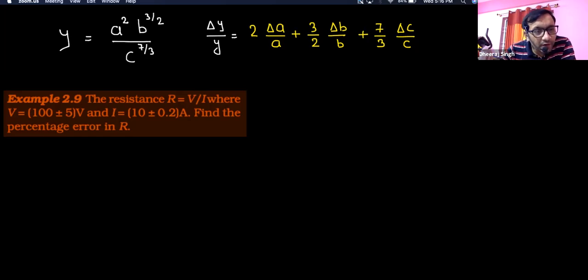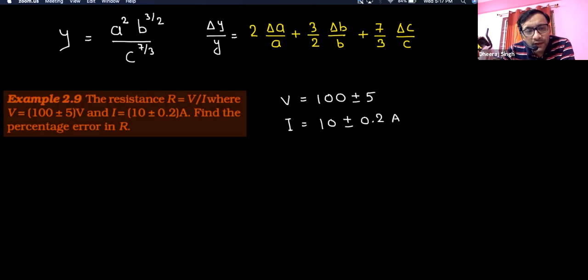All right, so here V is 100 plus minus 5 and current is 10 plus minus 0.2. This is ampere, this is voltage. Find the percentage error in the resistance, right?